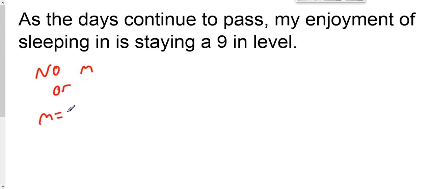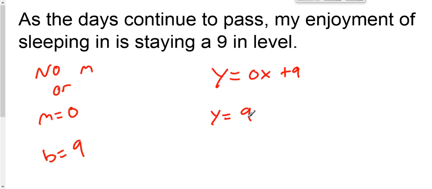Or you can think of m equaling 0, because there's no change. I'm not changing my enjoyment of it. Looks like my enjoyment, though, started at 9 and isn't changing. So this equation would be y equals 0x plus 9, or just a 9.